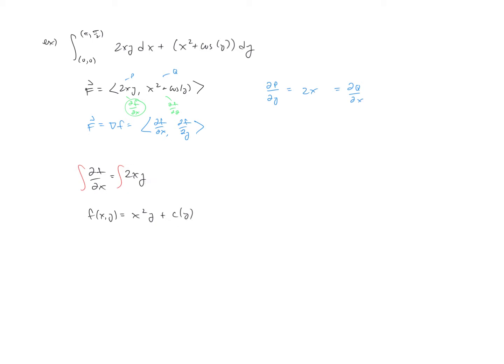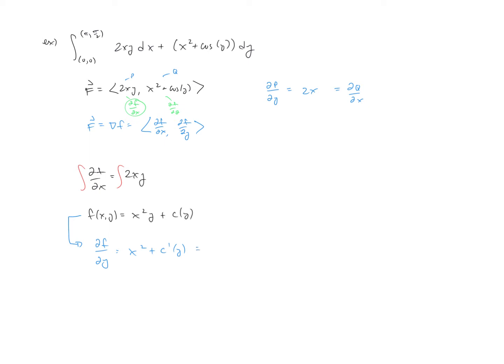All right, so now from here, using that f of x,y, we want partial f, partial y. If we take partial f, partial y, that's going to give us an x squared plus c prime of y. Now again, this was found using this. But we also know that partial f, partial y from above should equal this guy.